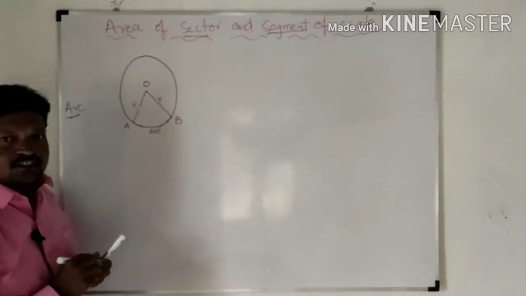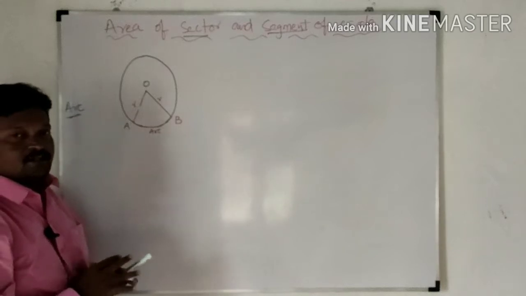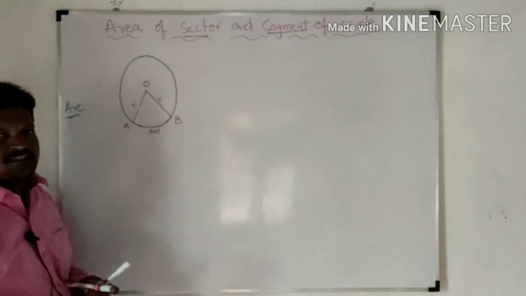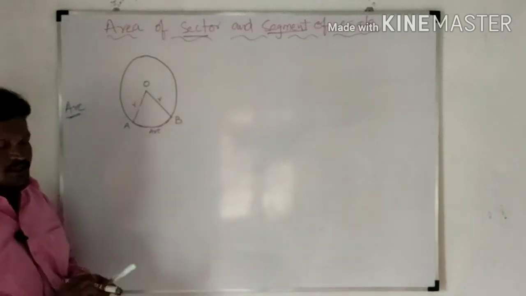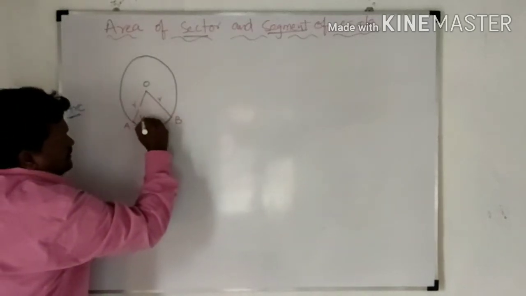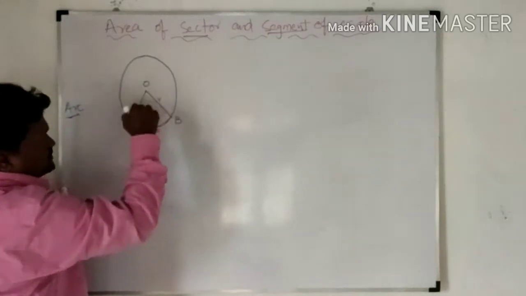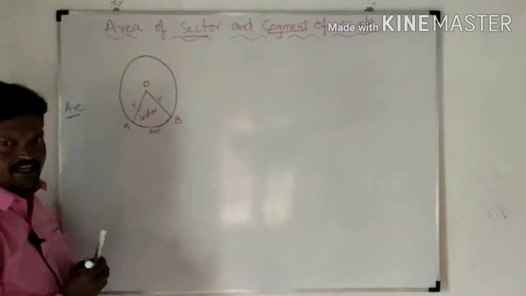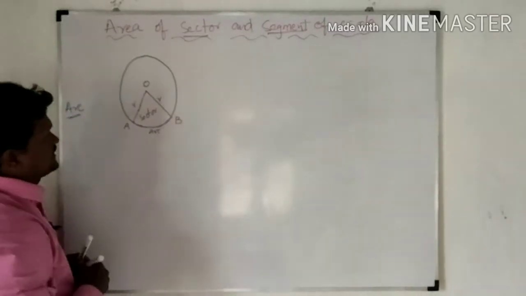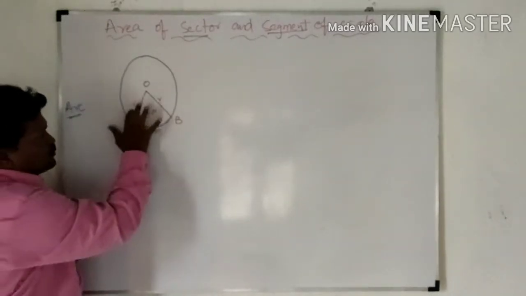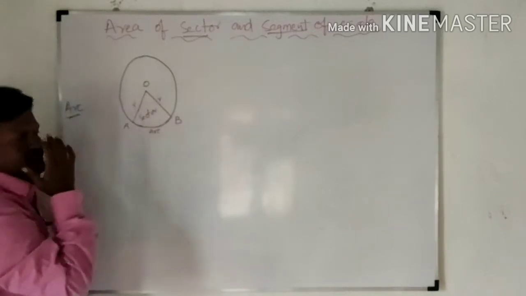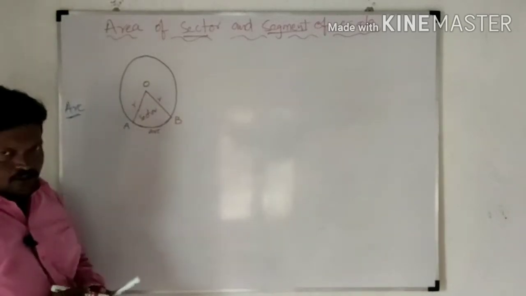This portion of circular region is nothing but a sector. Why am I calling it a circular region here? It is formed by 2 radii and its corresponding arc. Okay, this part is nothing but a sector.